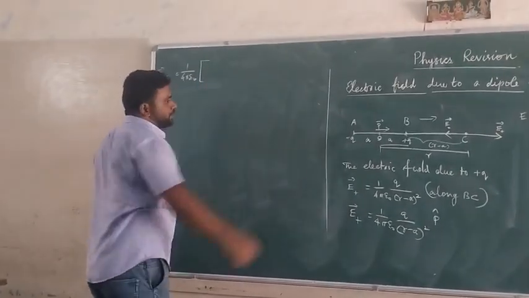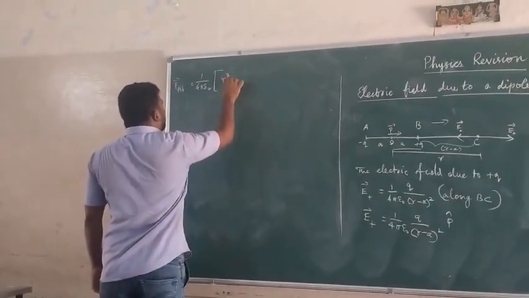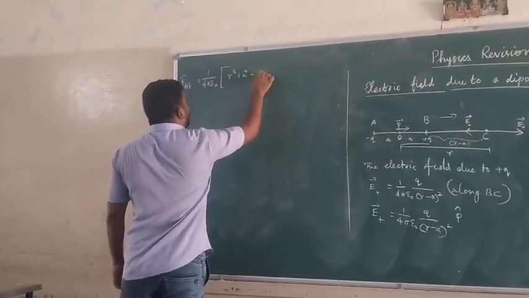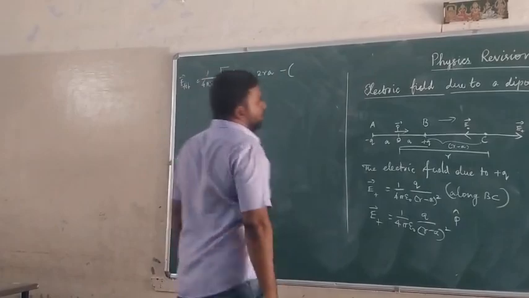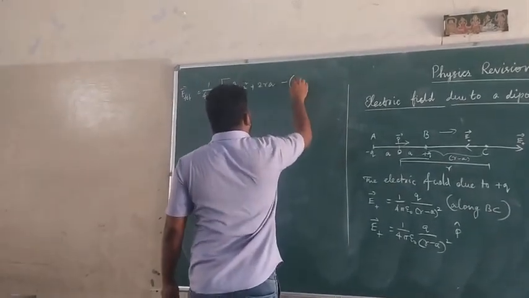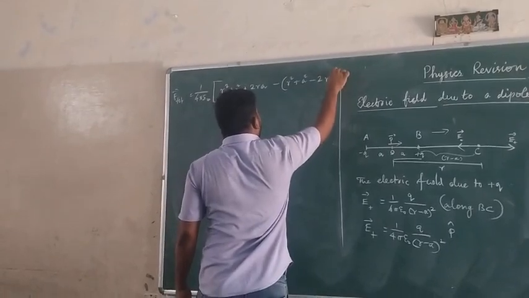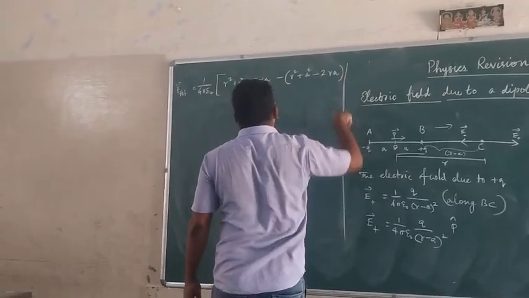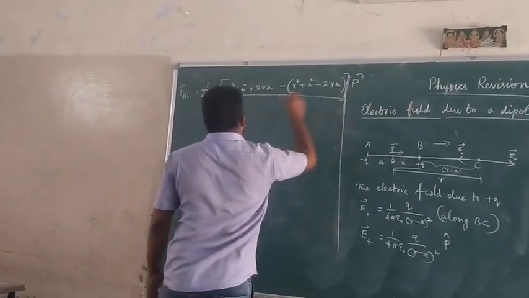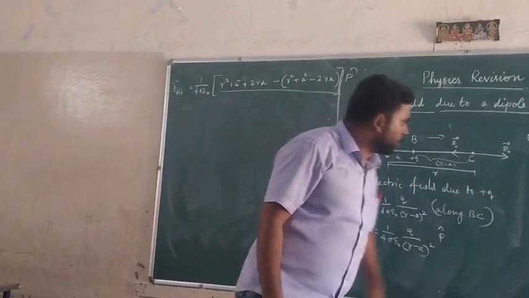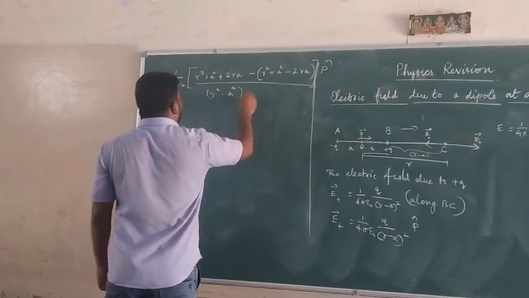So let's say R plus A. The denominator is R square minus A square. Let's keep this as it is, we will simplify at the end.